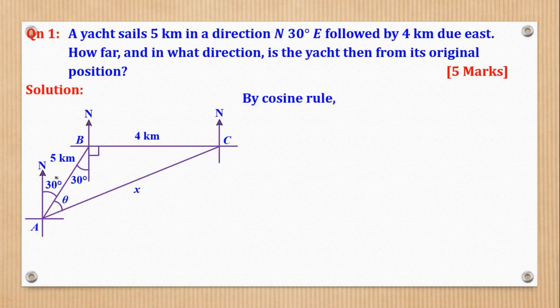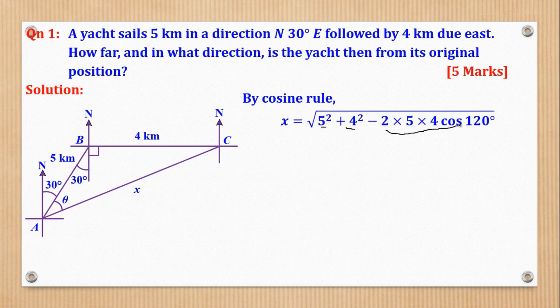By cosine rule, I know the whole of this angle is 120, therefore I can get the value of x. By cosine rule, x squared is equal to 5 squared plus 4 squared minus 2 times 5 times 4 cos 120 degrees, and the value of x will be that.